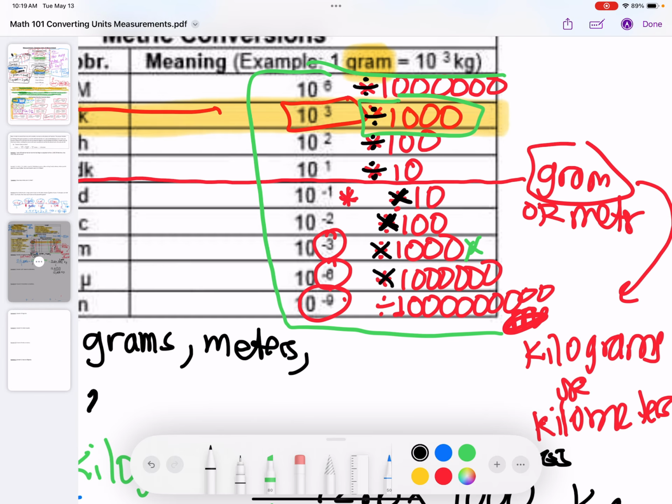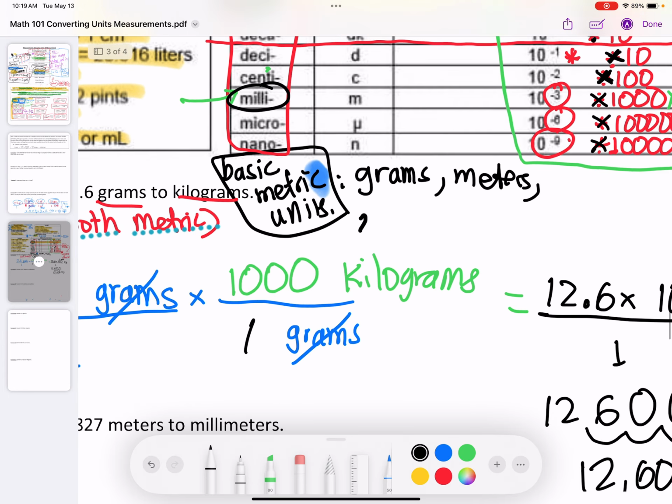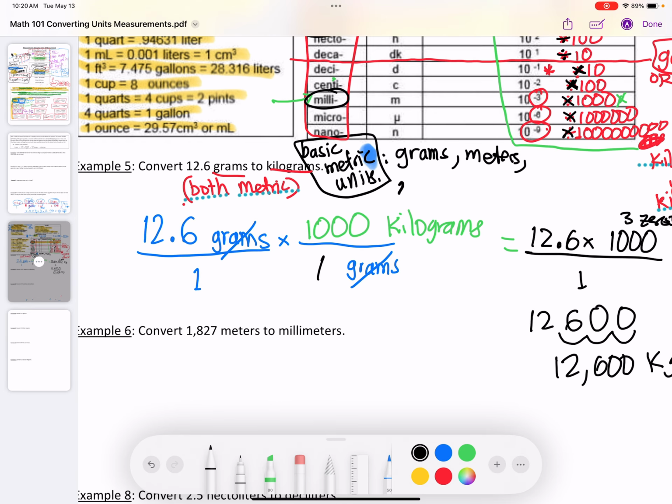So if I go from grams, which are smaller measurements, to kilograms, I should be getting a smaller number, not a bigger number. But if I was going to milligrams or millimeters, there would be a lot of millimeters in 1 gram. So yeah, sorry, I messed up. I should be dividing.